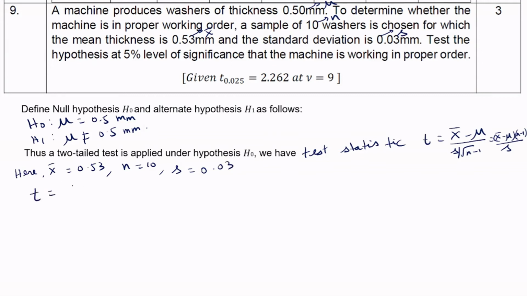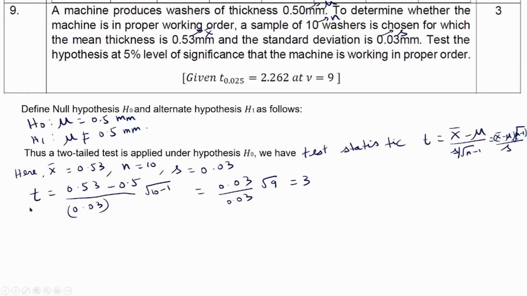Therefore, t is equal to 0.53 minus 0.5 upon 0.03 into root of n minus 1, root of 10 minus 1. So this is equal to 0.03 upon 0.03 into root 9. So it is equal to 3. So we have got the t value as equal to 3.